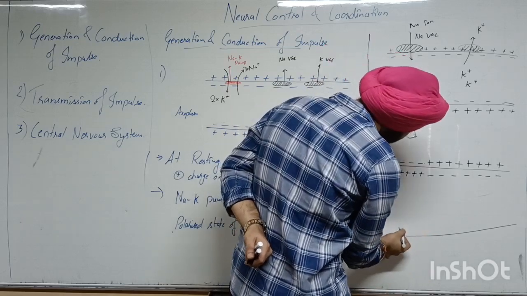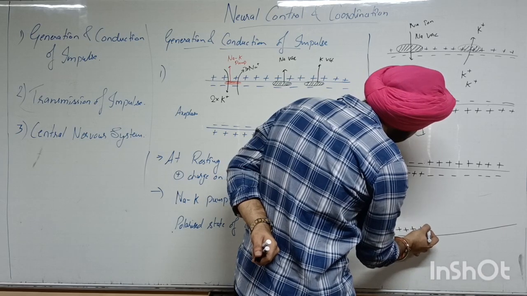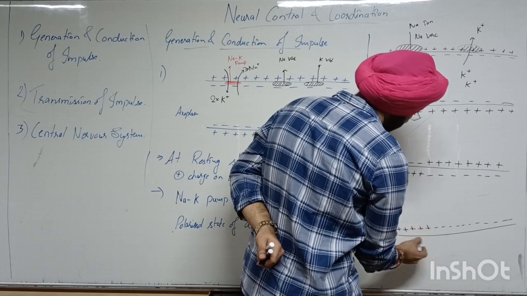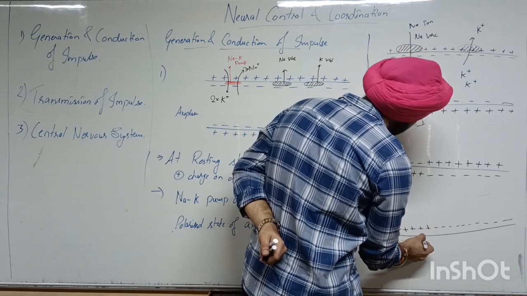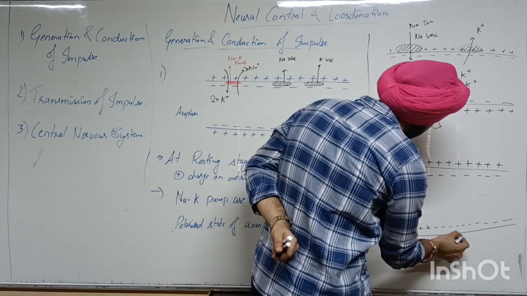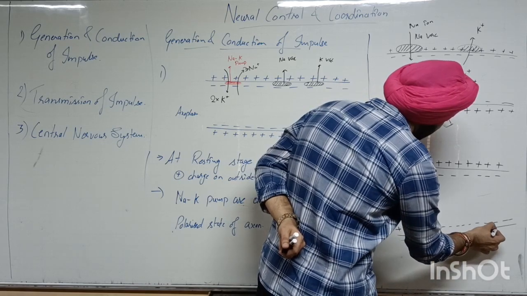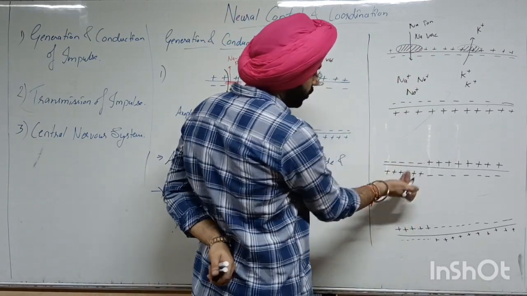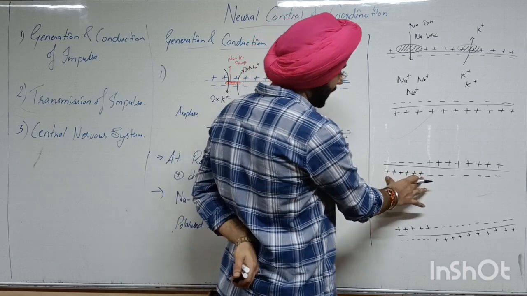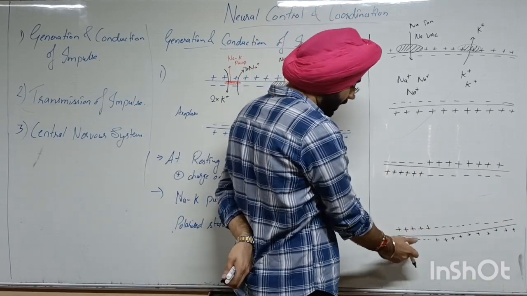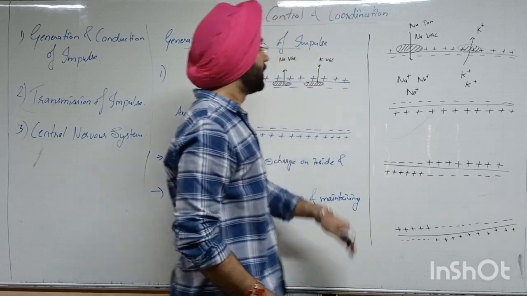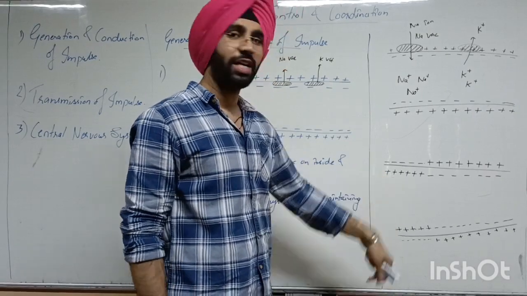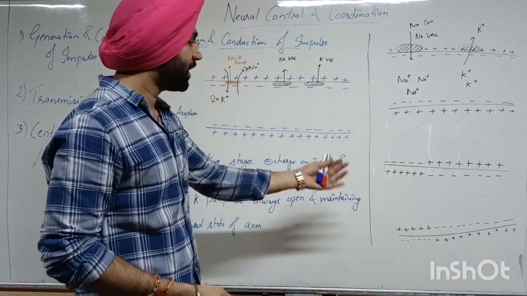So at this point you can see positive charge inside the membrane and negative charge outside the membrane. This is due to the sodium voltage gated channel and potassium voltage gated channel. So now they are generating positive charge inside the axoplasm. So now the action potential is being generated.